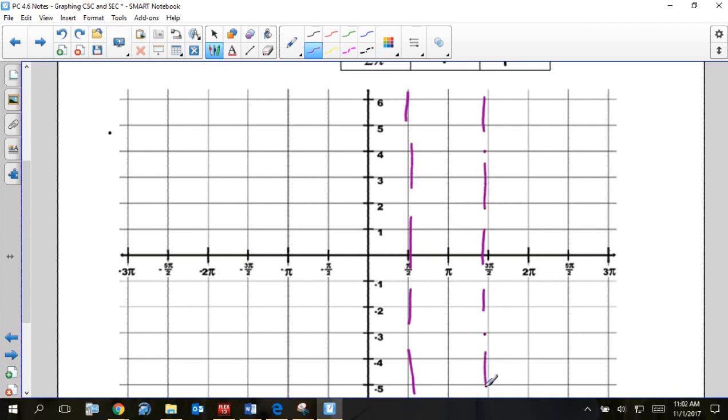Because it's periodic, it will repeat. How far apart are they? Pi. This is the parent function. There's nothing fancy right now about it. They're all spaced. I'm going to draw my cosine graph in there and just lightly dash it so I can see where it was.